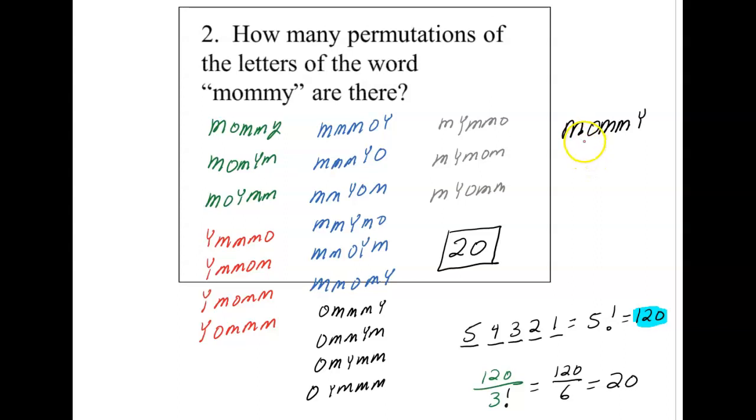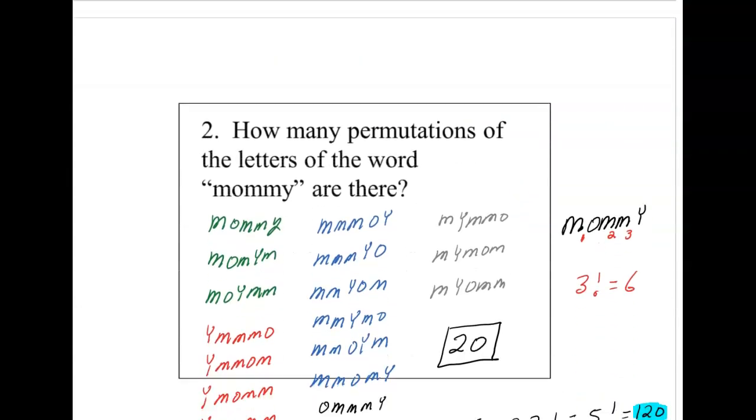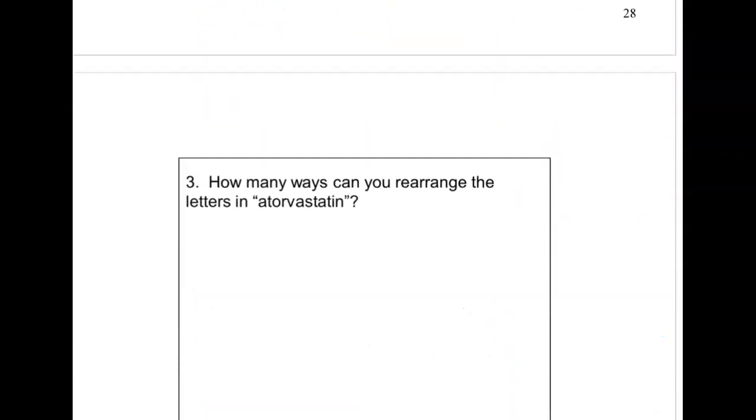Again, if you were to put subscripts M1, M2, M3, there are 3 factorial or 6 ways to rearrange the letters M1, M2, M3. Likewise, technically over here in keep, it is 2 factorial, but 2 factorial is 2. So this is called distinguishable permutation because letters are repeated, and if you rearrange them, you cannot tell the difference.